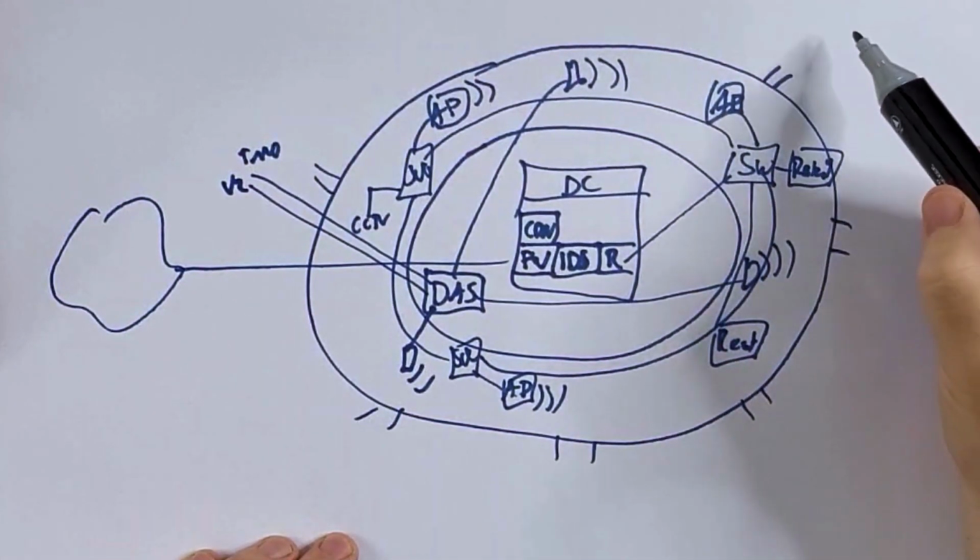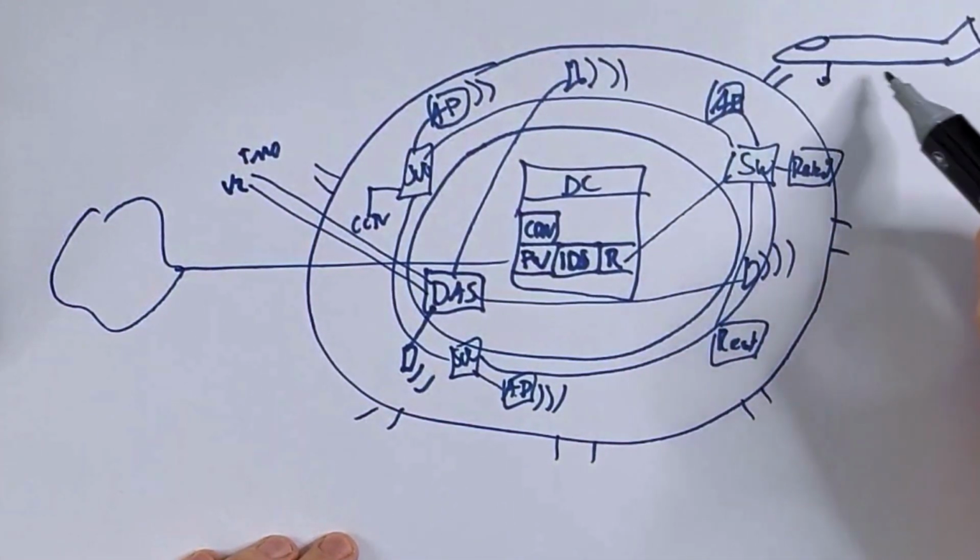Now, let's say that we have a large aircraft landing. And there may be 200 to 300 passengers coming off. They're going to download software. They're going to push out emails. They're going to sync their Dropboxes. They're going to do all of this stuff.